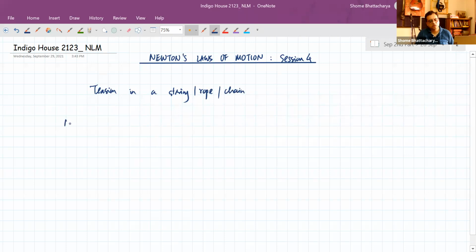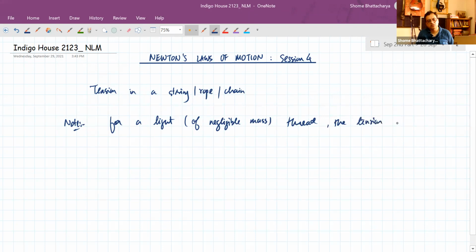One thing we had understood is that for a light thread, meaning of negligible mass, the tension is always uniform. That is, the same at all places.